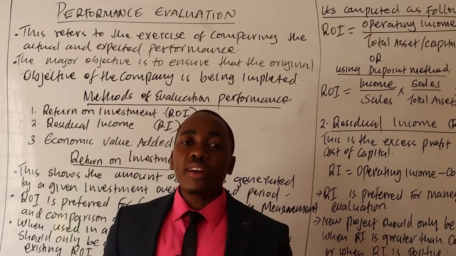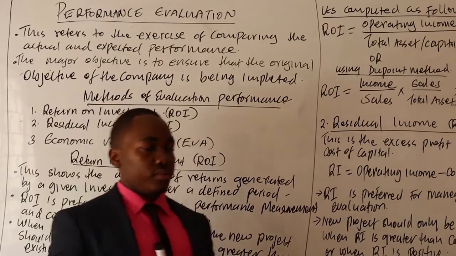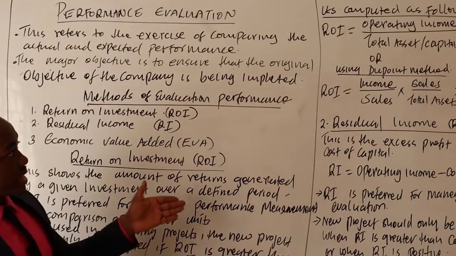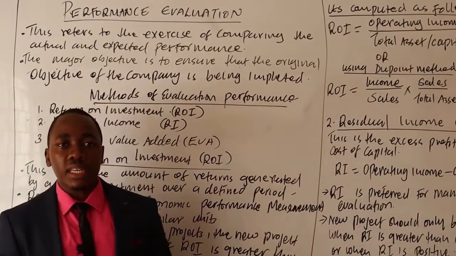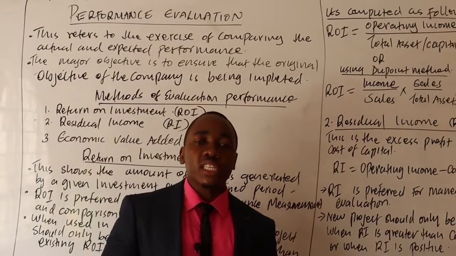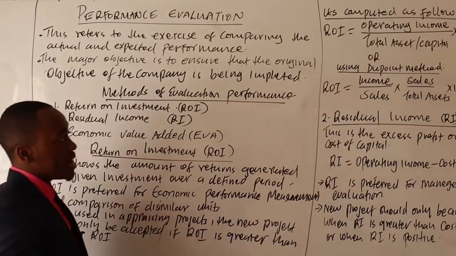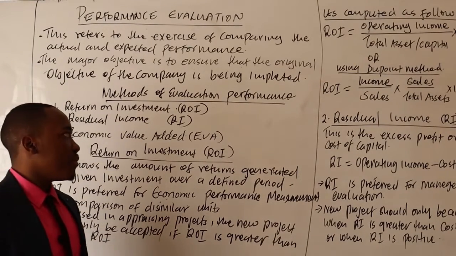Then the secondary objective is to form a basis of either to reward or to punish the subject of the appraisal. So what are the major methods used when evaluating performance?